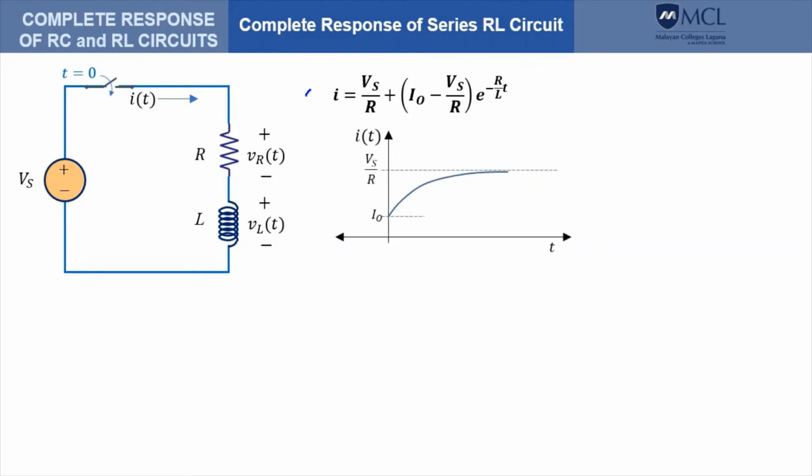We can plot that equation, and that will give us this plot. So again, similar to V sub C, I will start from a certain value because we assume that at t equals 0, I equals I sub naught. And it grows until it reaches a constant value V sub S over R.